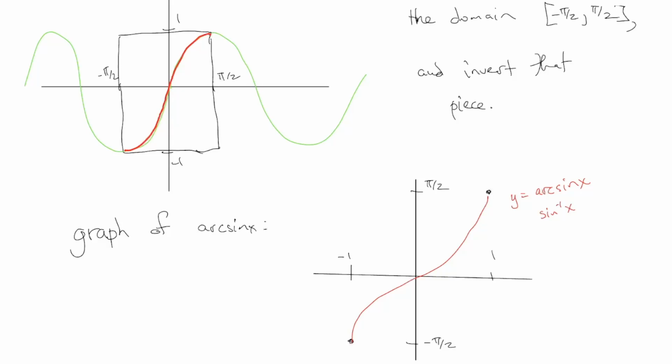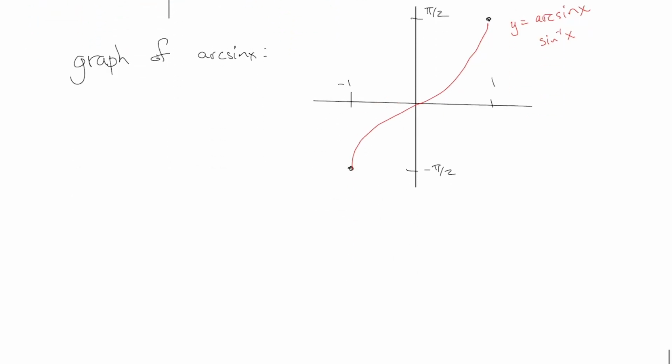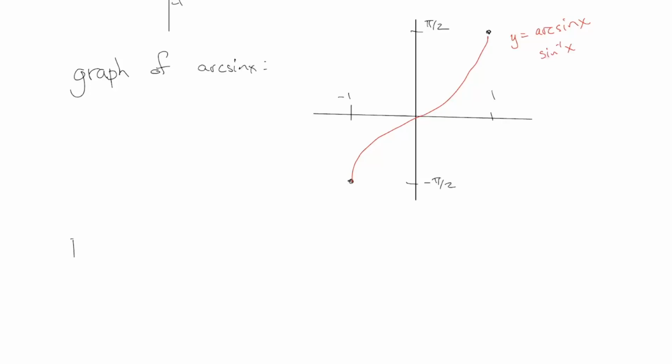So anyway, we can do some values of the arc sine. If I just give you random values, you basically have to use your calculator to find the arc sine of something or other. But there are certain values that we can do by hand. So for example, what is the inverse sine of 1/2? I'll write inverse sine, sometimes arc sine.